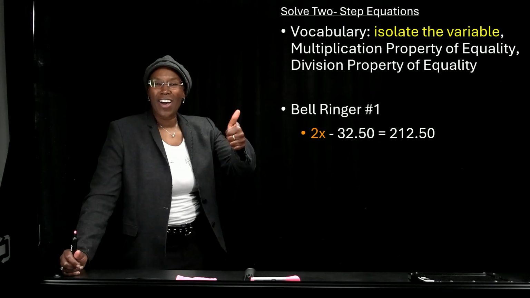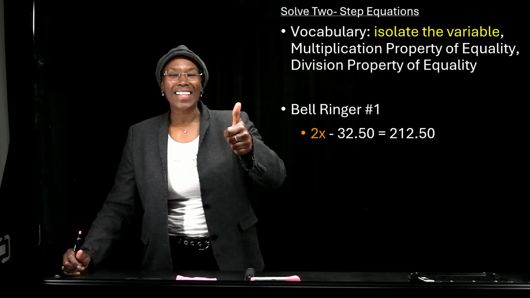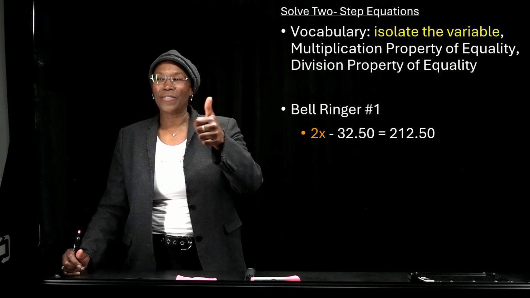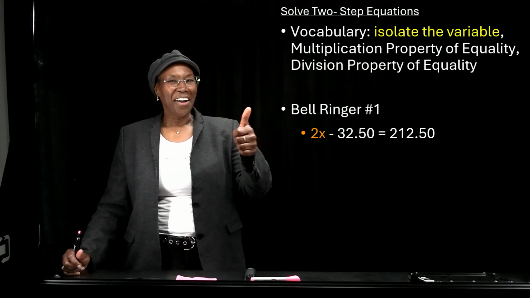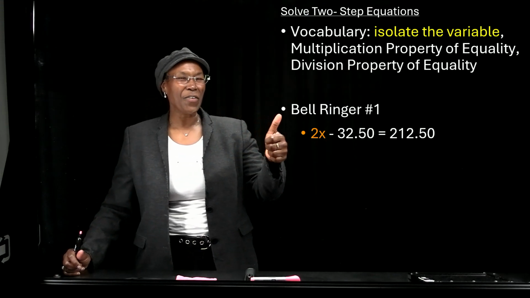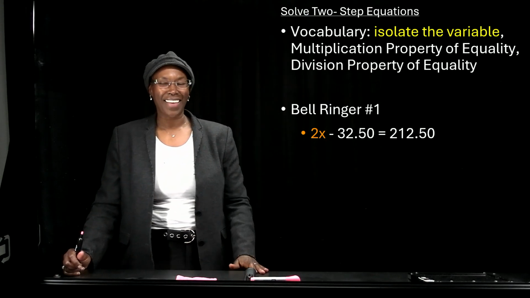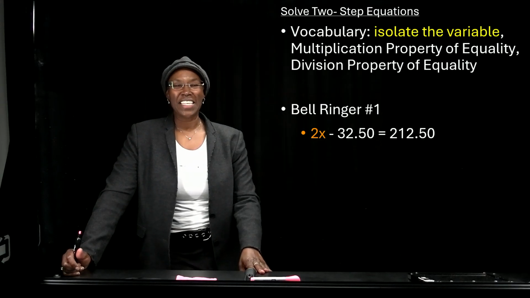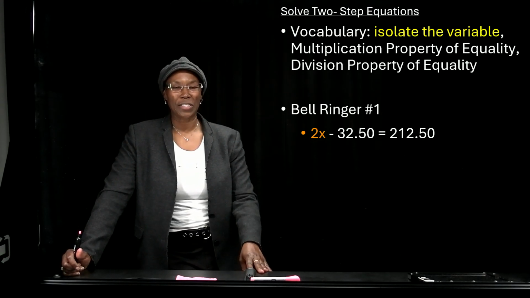Thumbs up, thumbs down for those who got it correct or not. All right, very good, class. You remember what we learned from yesterday. That was our lesson yesterday, interpreting the real-world problem to create a two-step equation.